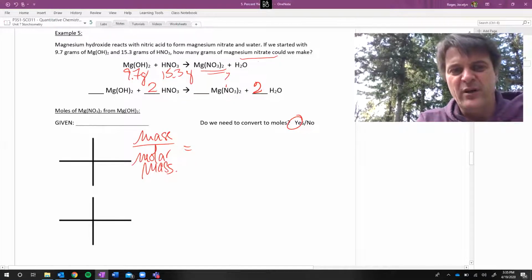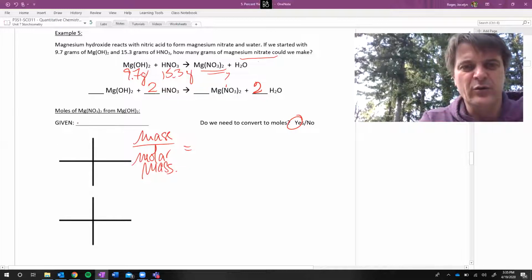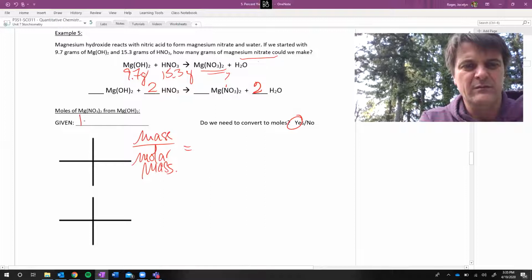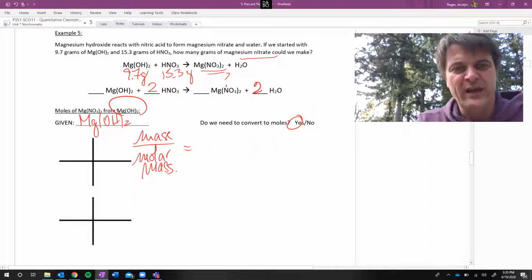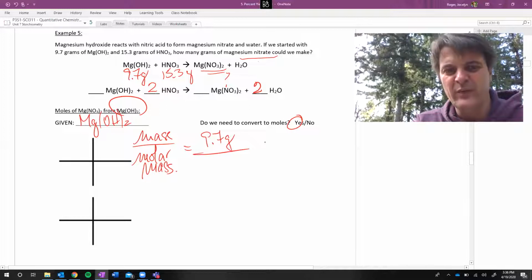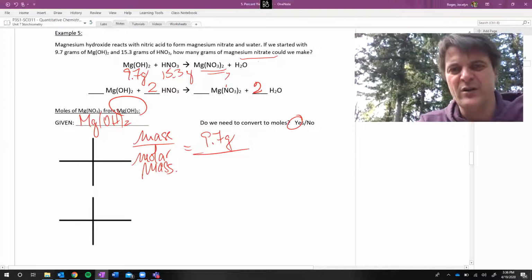So for magnesium hydroxide, we're working from the 9.7 grams, and we're going to divide that by the molar mass of magnesium hydroxide.